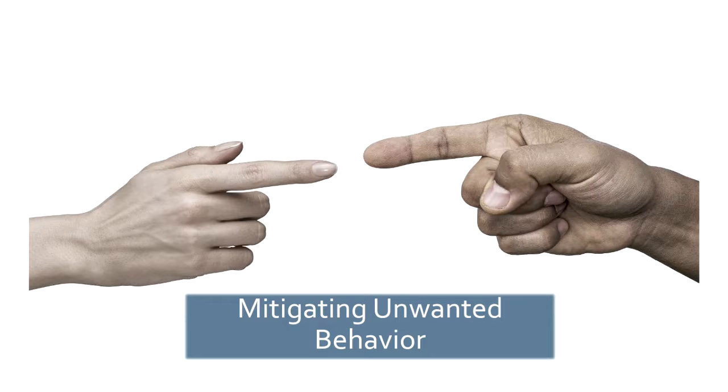Text-based communication lends itself sometimes to misinterpretation because we can't see or hear the person. So tone can be very difficult to distinguish, whether it's sarcasm or humor. So you have to be really careful so that the message is not misinterpreted.